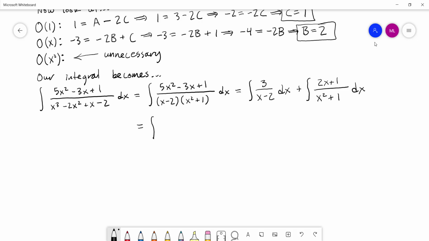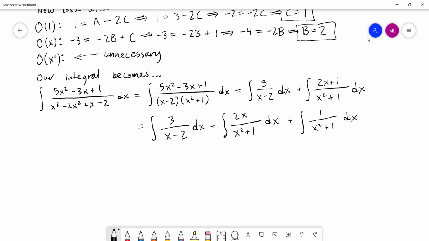Integral of 3 over x minus 2 dx plus the integral of 2x over x squared plus 1 dx. And lastly, I'm going to take care of the plus 1 we had in the numerator to get an additional integral of just 1 over x squared plus 1 dx.